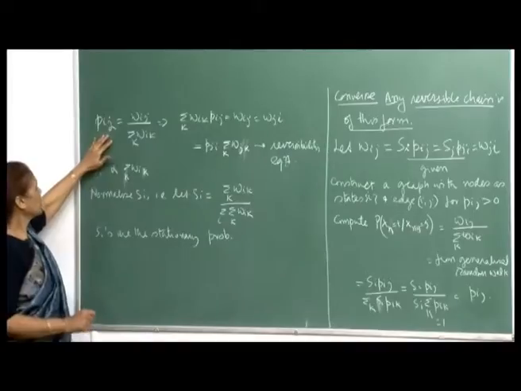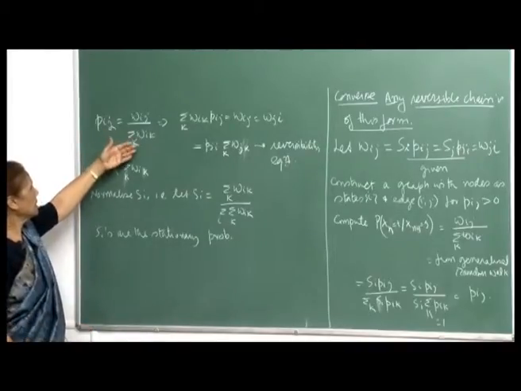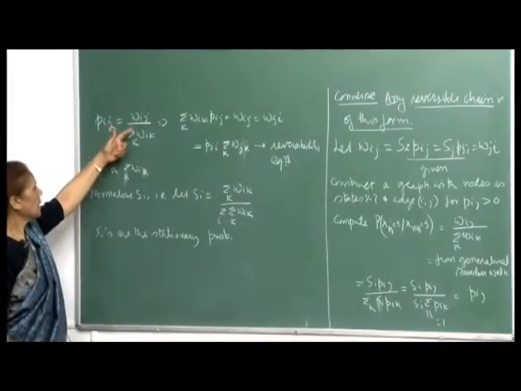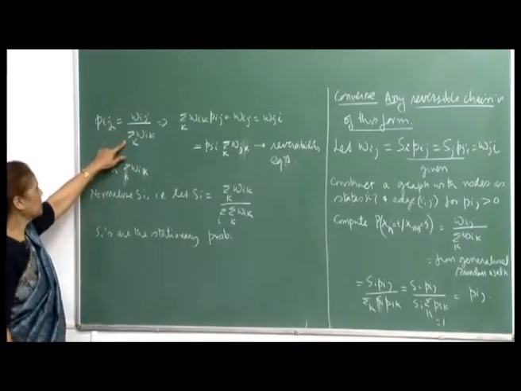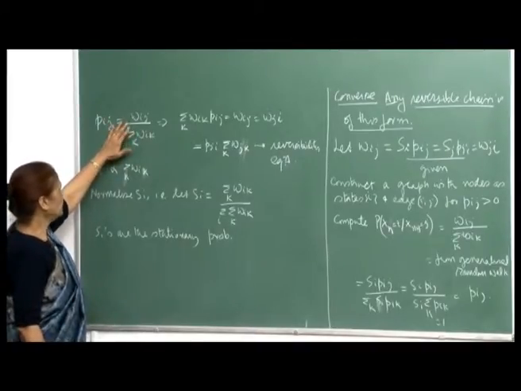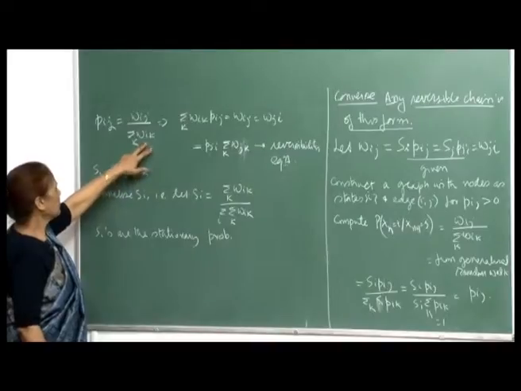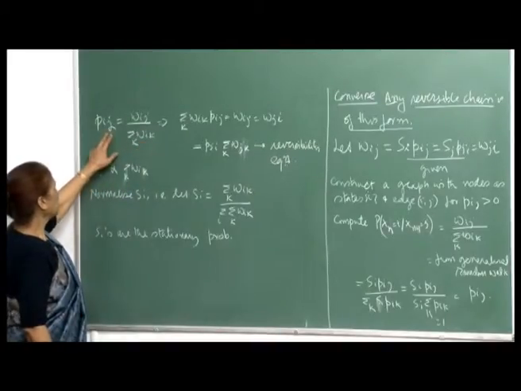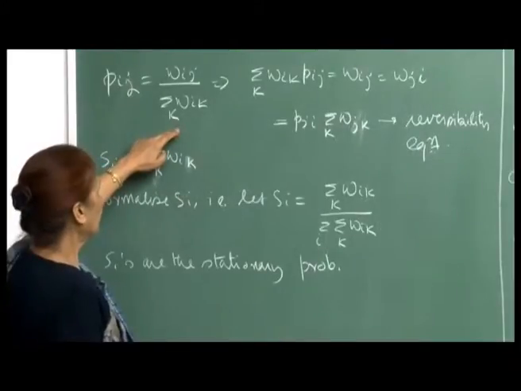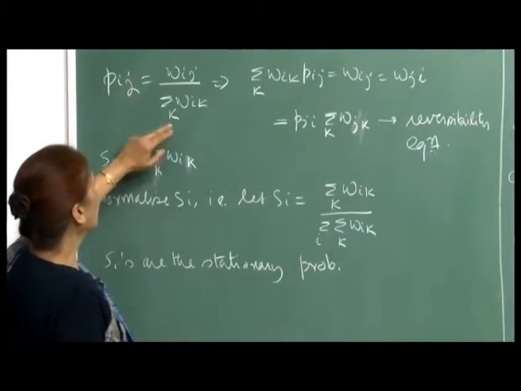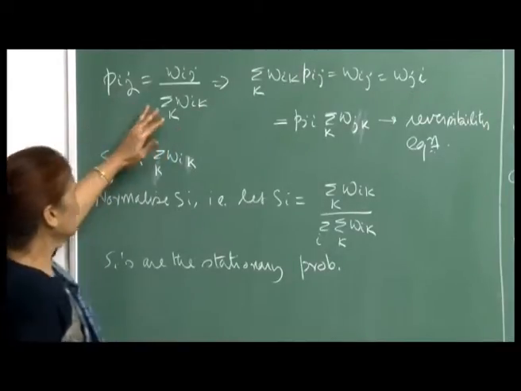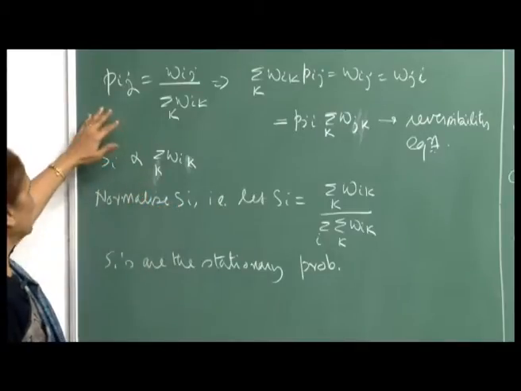You can see that if all Wij are the same, then this reduces to 1 by the degree of the node. So, this is the generalization of the random walk.